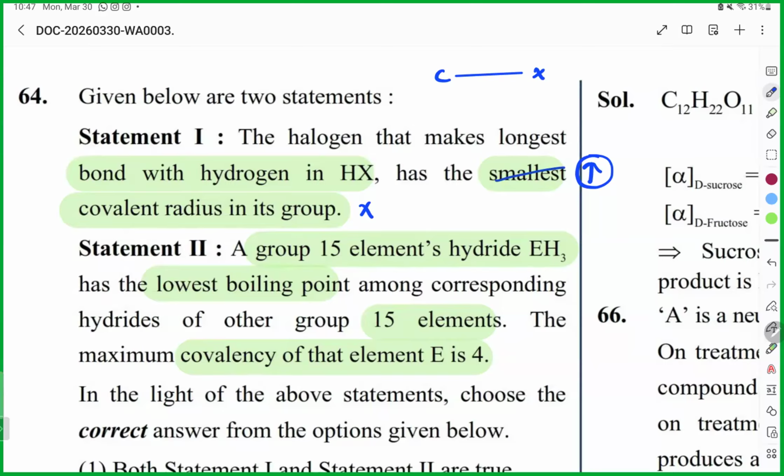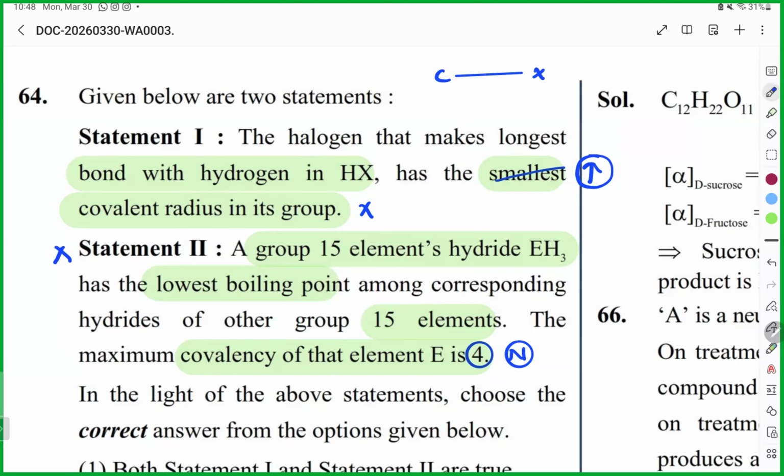And second, group 15 element hydride has the lowest boiling point among group 15, and the maximum covalency is 4. They are talking about nitrogen. Very good. This is wrong. Why? Nitrogen has maximum covalency 4. Others can have 5, 6. No issue.